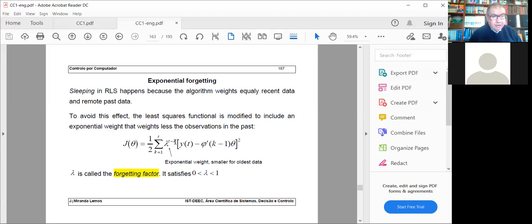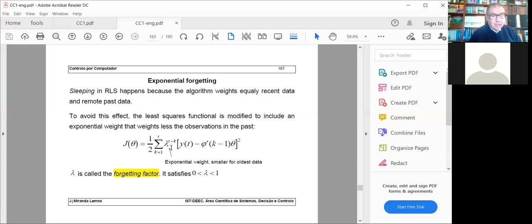And so if k is equal to t, then you have lambda up to 0, which is 1. So the last observation is weighted 1. Suppose, for instance, that lambda is 0.9. If lambda is 0.9, the observation before the last one is obtained for k equal to t minus 1. So t minus k is 1, lambda up to 1, so it's weighted 0.9.